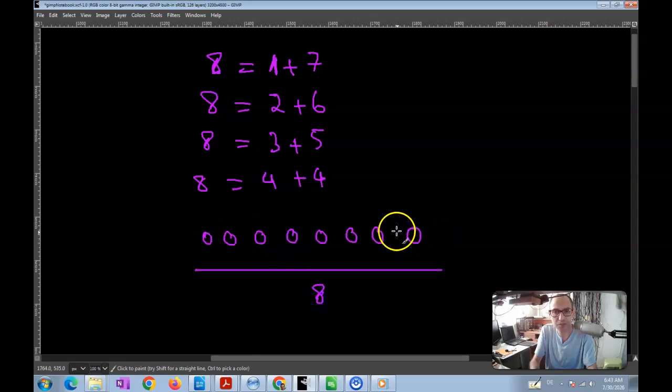Now, what I'm going to do is put a separator right in the beginning. That means there are no bits over here, and then there are 8 bits over here. So 0 plus 8 is equal to 8. That's one way to write the number 8, or essentially a number pair for the number 8.